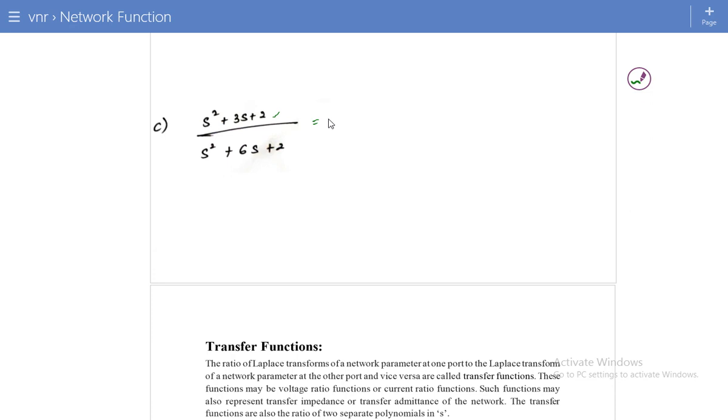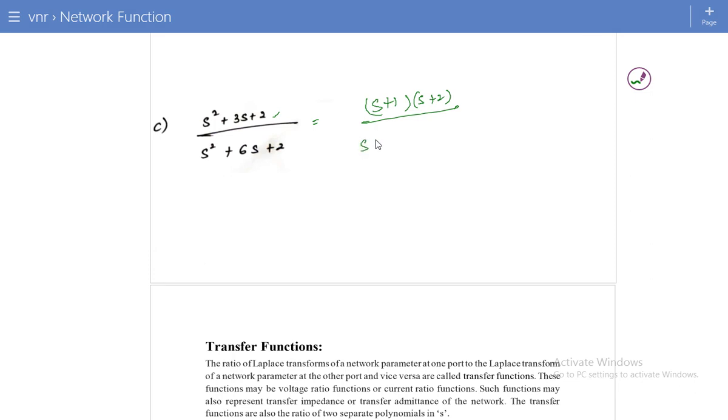So what they have given, s square plus 3s plus 2. In the numerator, we can write the zeros as s plus 1 into s plus 2, okay. In the denominator, what is given, s square plus 6s plus 2, okay, right. What can we write?